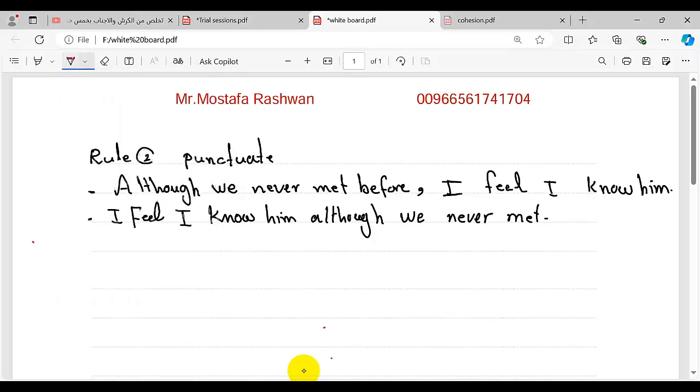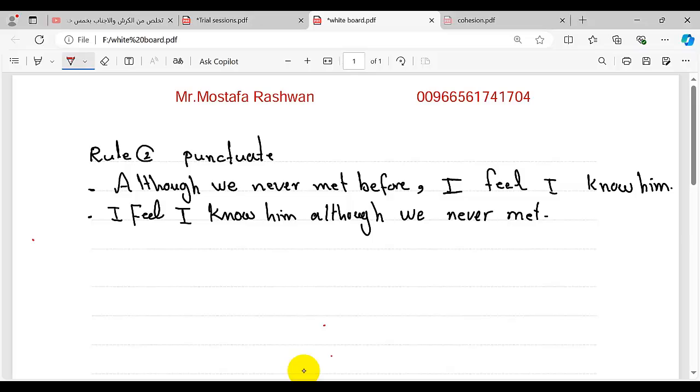Notice the difference here. If I use the subordinating conjunction in the beginning, use a comma in the middle. So you should separate the two sentences using a comma in the middle.